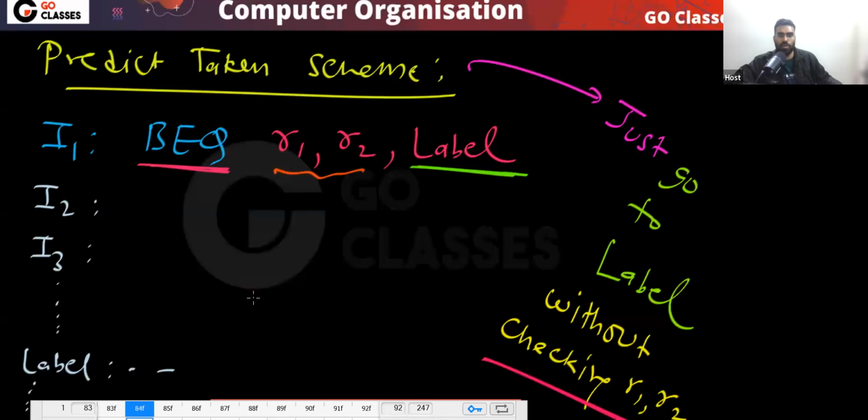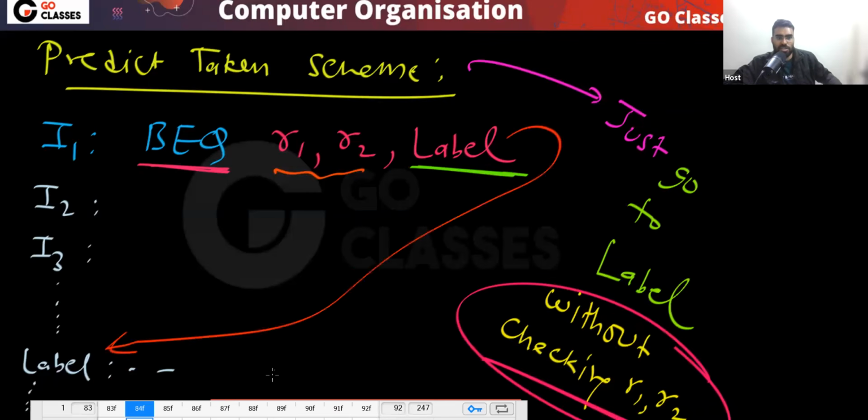Is this clear? Let me know. Without checking R1, R2, from this instruction just go to that instruction. You are just assuming in your mind that it will most probably be taken, that most probably they will be equal. So just go there.